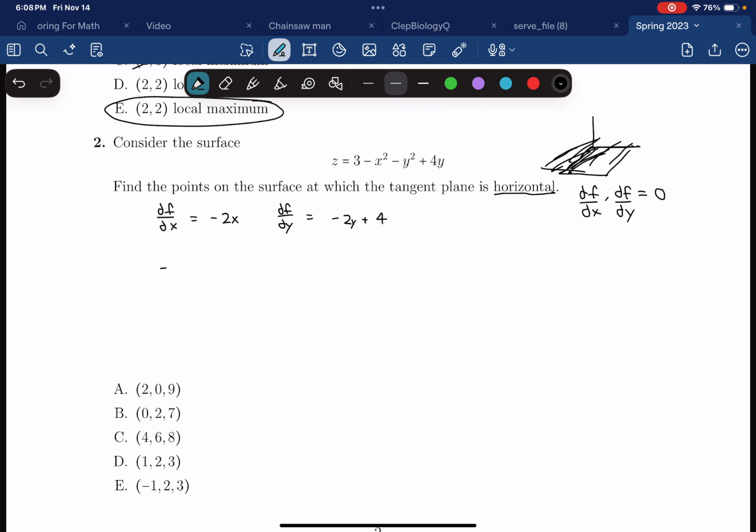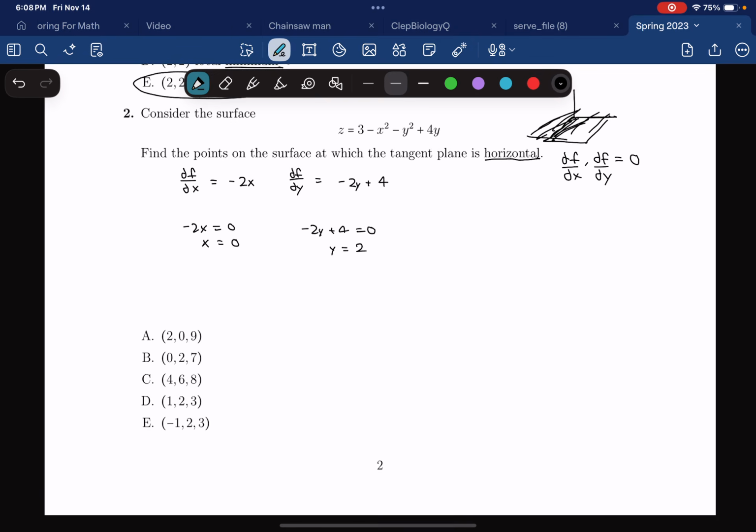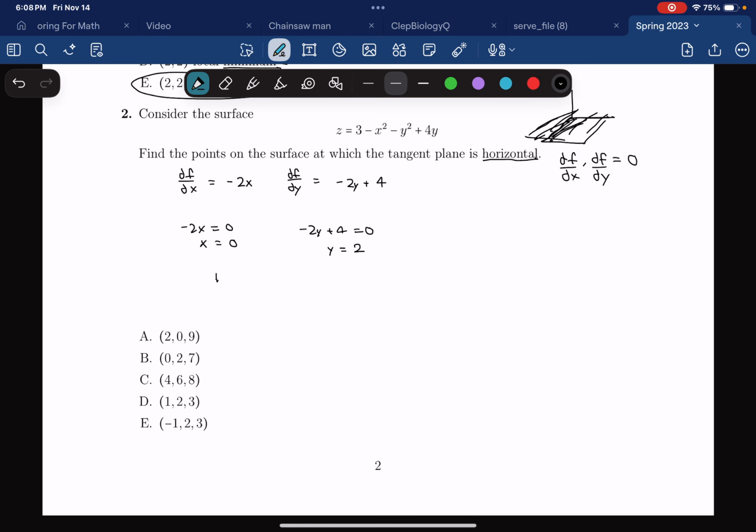So negative 2x equals 0, so x is simply 0. When negative 2y plus 4 is equal to 0, y is just equal to negative 4 divided by negative 2, which is just 2. So now, all you have to do is plug into z.